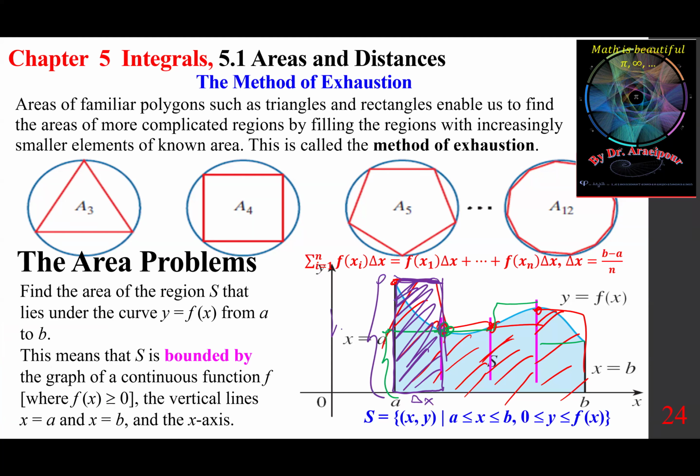Here's the height, which comes from the function evaluated at some point, this point or anywhere in between. That's what f of x sub i is. So f of x sub i times delta x, and it's the summation of those: f of x sub 1 times delta x all the way to f of x sub n times delta x. That's how you arrive at the answer, everybody. So very straightforward.